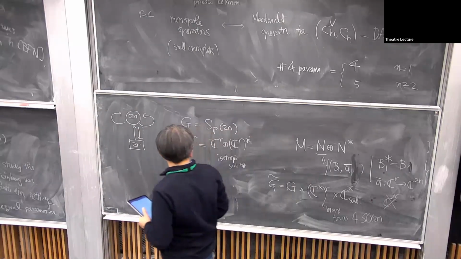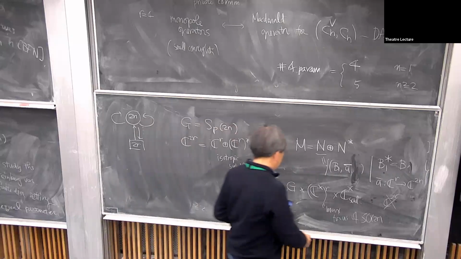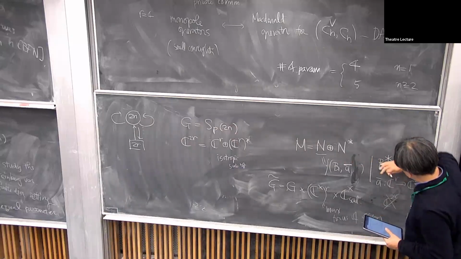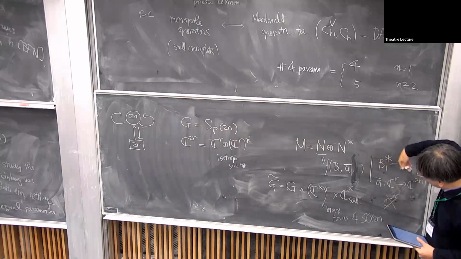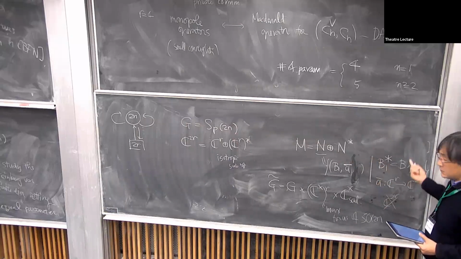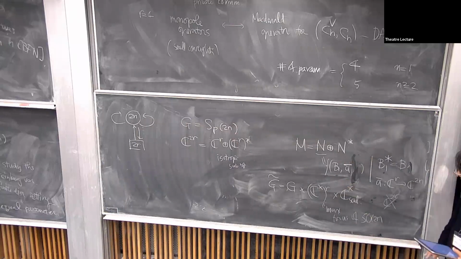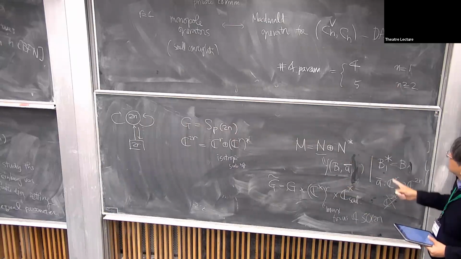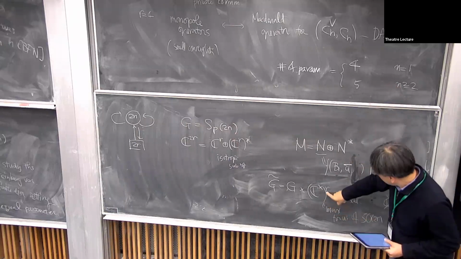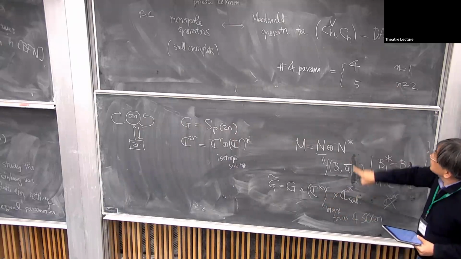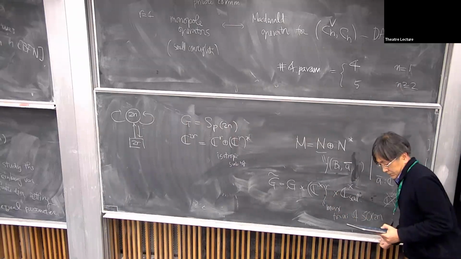Because for R equal 4 and n equal 1, the first factor drops. So this scaling system disappears. And then you have 4 parameters. But for general n, you have 4 parameters plus 1 parameter. So this is 5 parameters.